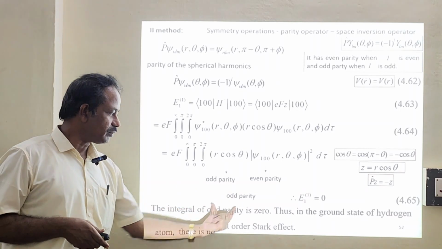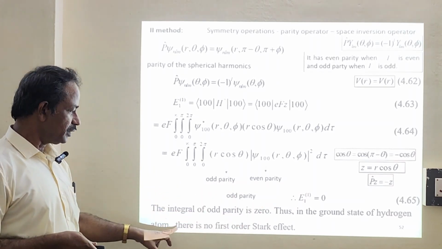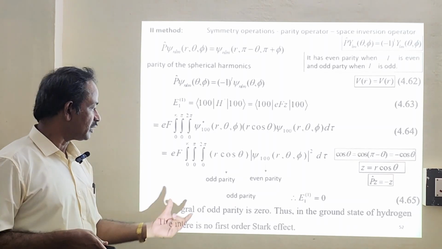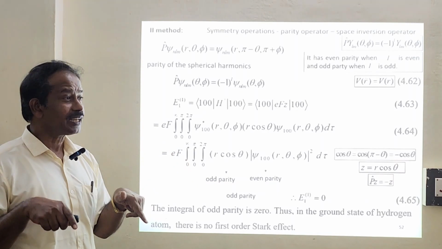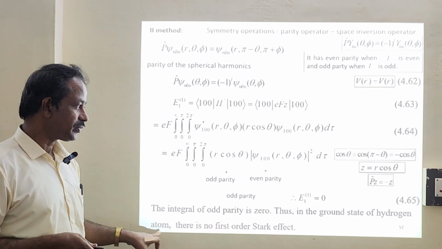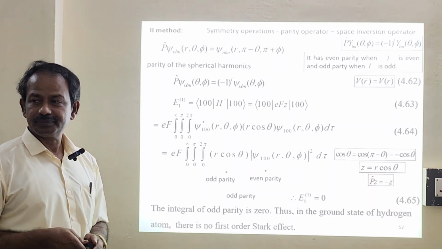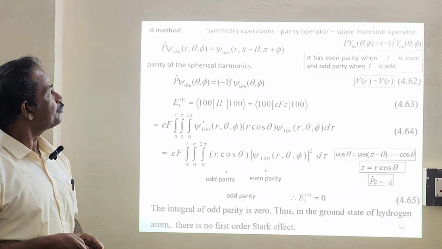Thus, in the ground state of the hydrogen atom, there is no first order Stark effect. The expectation value of the first order Hamiltonian is 0, which implies that there is no first order correction. Is it okay? Any doubt?